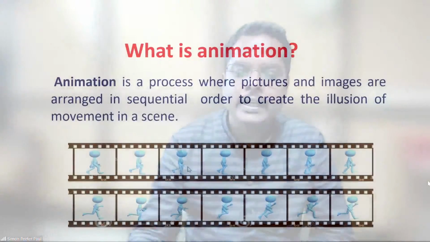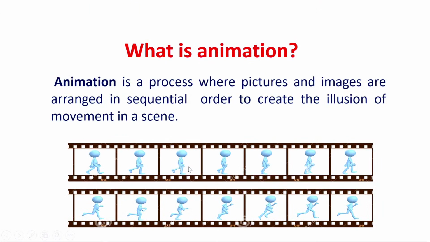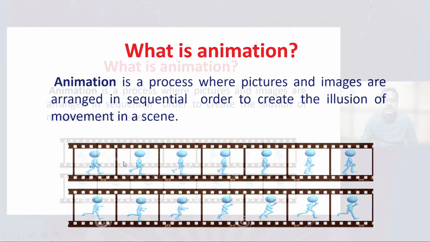You can call each one a frame: frame 1, frame 2 and frame 3. Generally, in animation, 1 second has around 25 frames. That means in 1 second, you have 25 images running together.